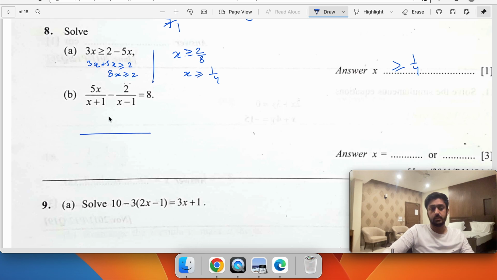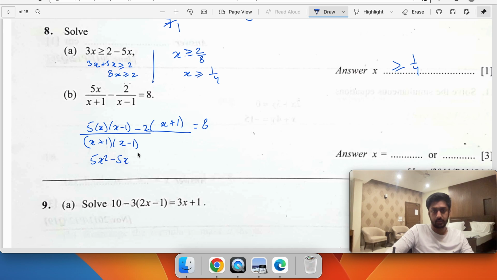Taking the LCM, x plus 1 into x minus 1, then we cross multiply: 5x into x minus 1 minus 2 into x plus 1 equals 8. In the numerator, 5x into x is 5x square minus 5x, minus 2 into x is minus 2x, minus into plus 2, and the denominator is a plus b into a minus b, which is a square minus b square.